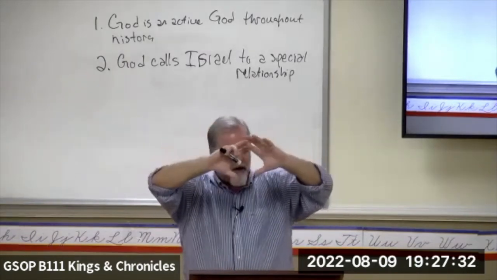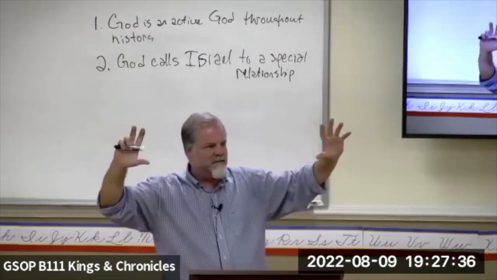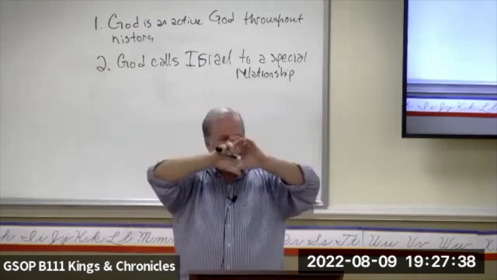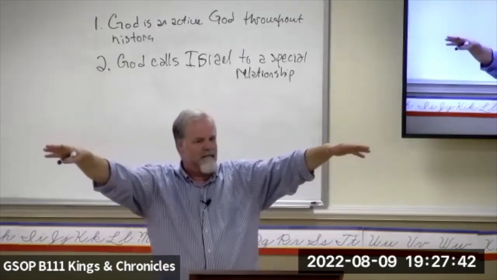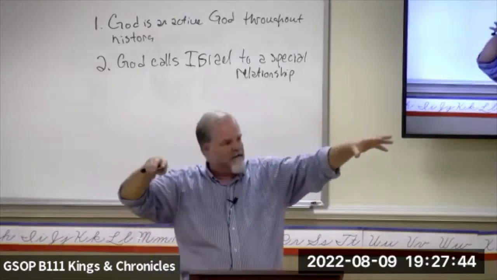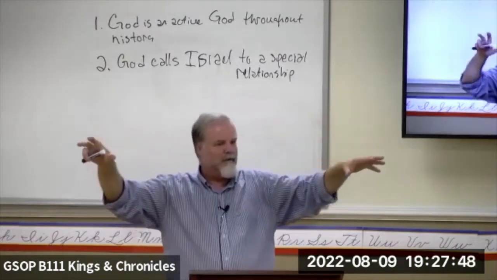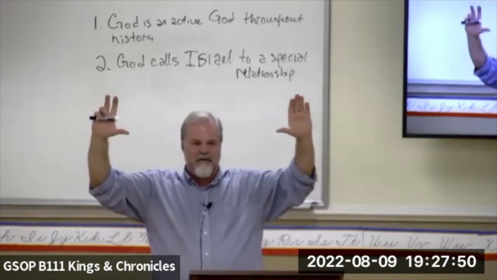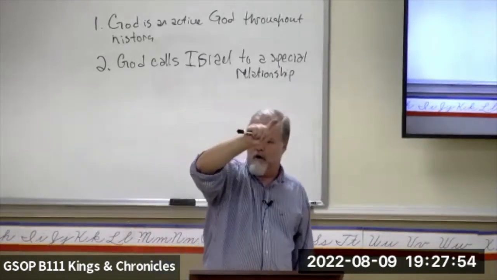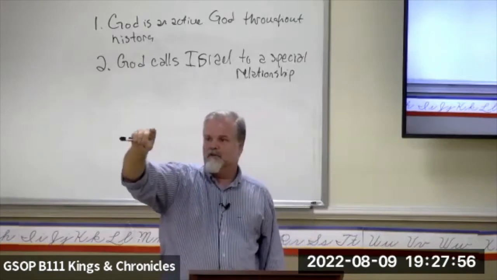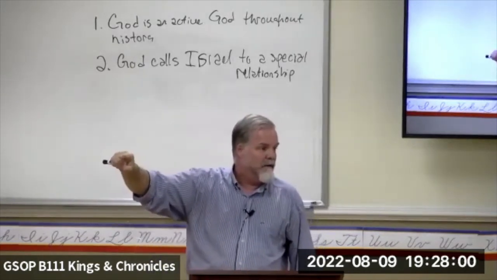We're going to look at these genealogies in a minute, and it spreads out. It's this incredible broad array of people that come from Adam, and all of the branches that come off of that family tree from that first man and that first woman. But then all of that focuses on one. And it follows that one all the way through to David.